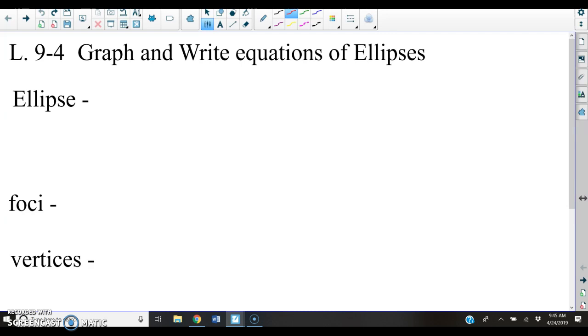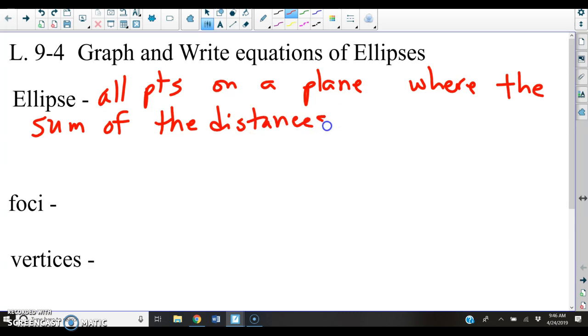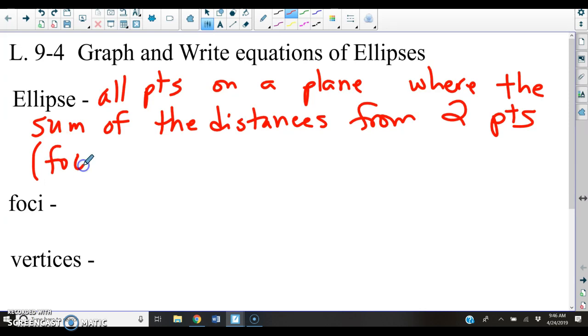But an ellipse is kind of cool because an ellipse is all points on a plane where, I want to try to get it in words, the sum of the distances from 2 points, those are the foci, are constant.